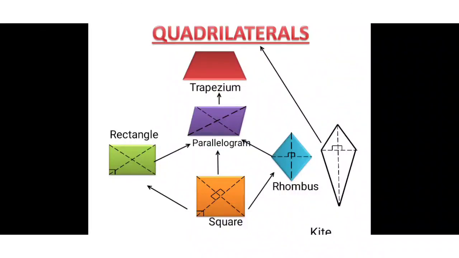Parallelogram has opposite sides equal, which is not the same in the case of kite. Kite has the adjacent sides that are equal, so it will come under the category of quadrilateral because it is a four-sided, closed figure. So you remember this diagram here, and you'll be able to connect each quadrilateral with the other one, and it will be easy for you to remember their properties as well.